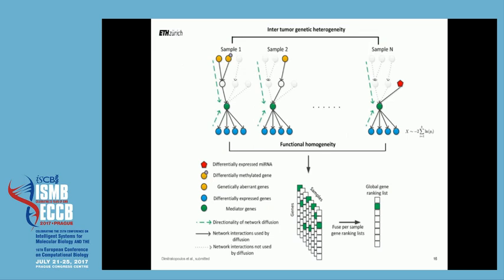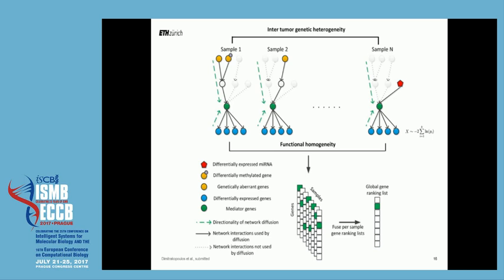This is a bit of a busy slide, but I want to talk you briefly through it. So let's look at one sample here first of all. We're using a directed network, unlike on the previous slide, and then we're doing two such directed graph diffusion processes. The first one starts with a number of genetic alterations.